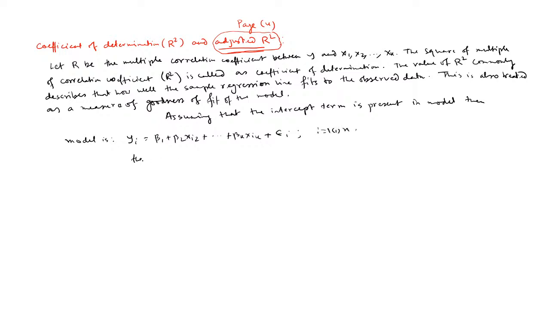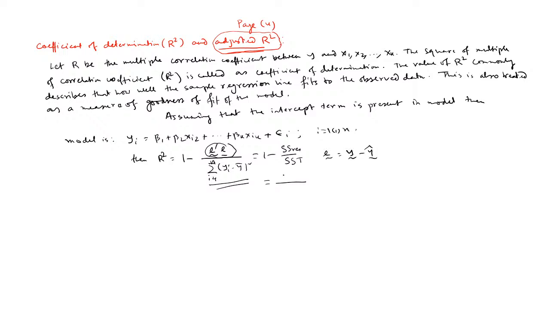Then R square is nothing but 1 minus e-tilde prime e-tilde over the sum over i from 1 to n of (y_i minus y bar) whole square, where e-tilde is the residual y-tilde minus y-tilde hat. This numerator gives the sum of squares due to residuals, and the denominator is SST, the sum of squares due to total.